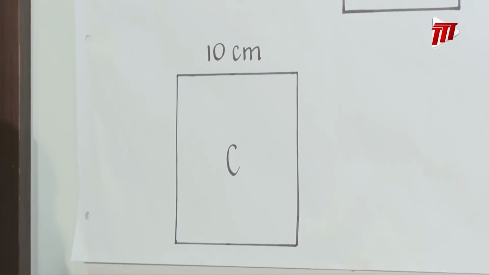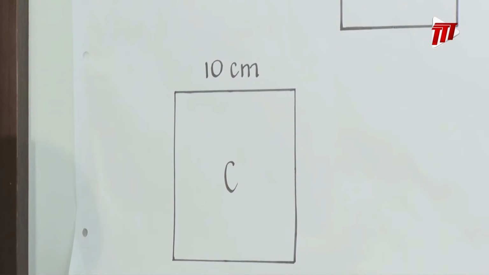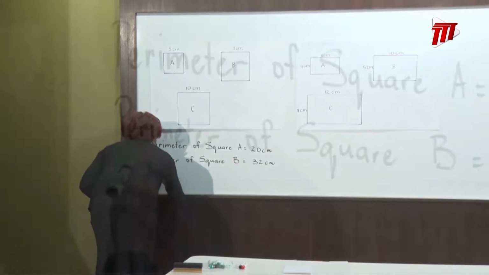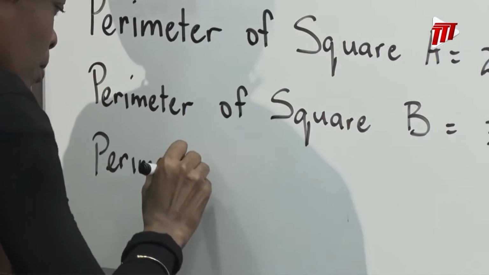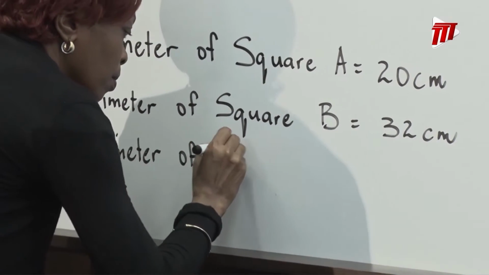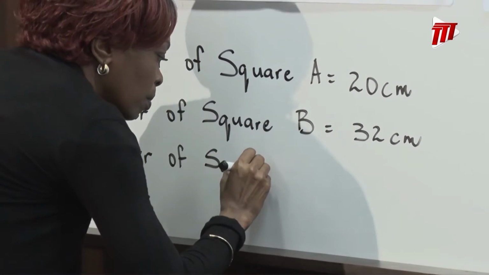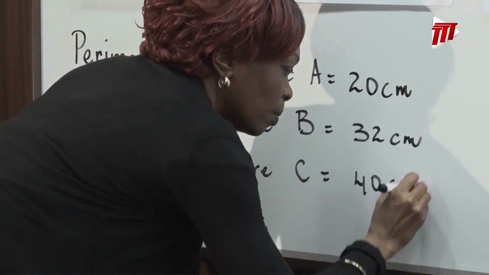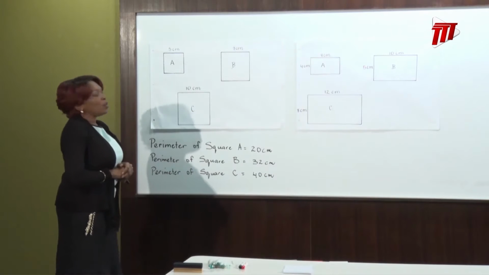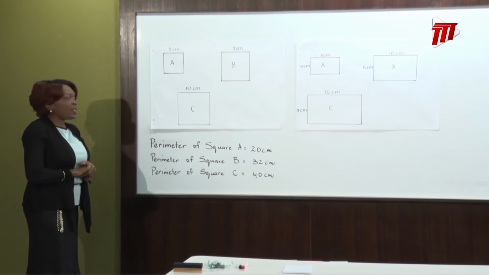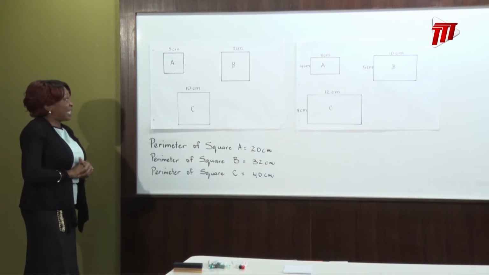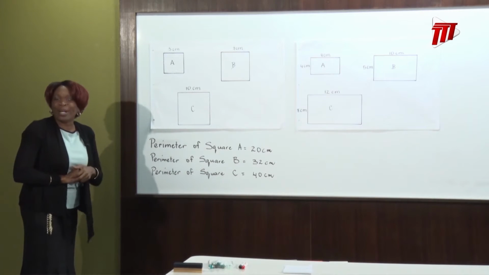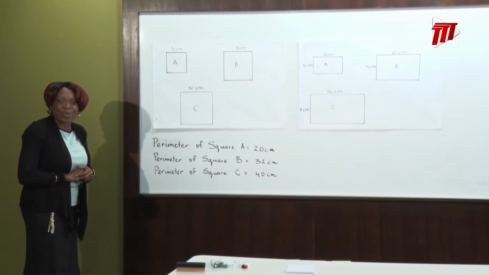I know you've already calculated that. Yes, 40 centimeters. All right. So, the perimeter of a square, we can say either side add side add side add side, or side multiplied by 4. Did you get it?